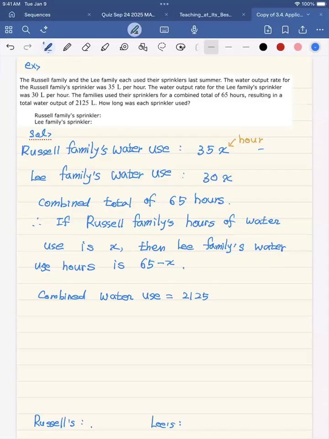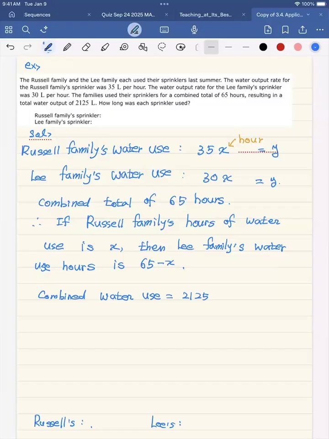We can indeed write equals y because the water use depends on the hour. But in solving the equation, you don't necessarily write the equation with two variables. In this problem, what they're saying is the combined total hours is 65 hours.